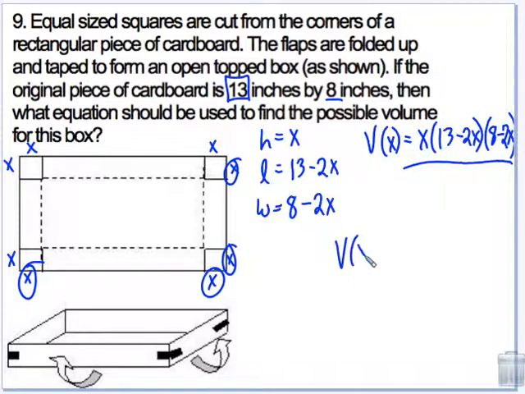Just so you can check your work, I will write the answer on the board. You'll have 4x cubed minus 42x squared plus 104 times x. That's the final answer you should get. If you need to, pause the video, do all the work, and then check your answers. Okay?